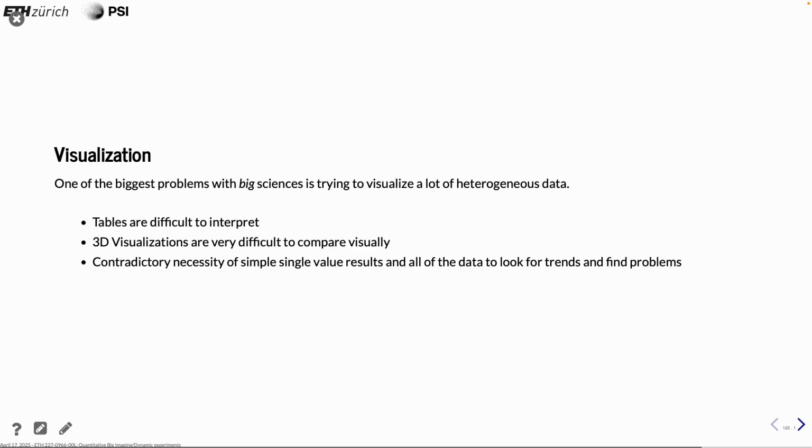And there are quite many ways of doing visualization, and it's not easy to visualize high-dimensional data.